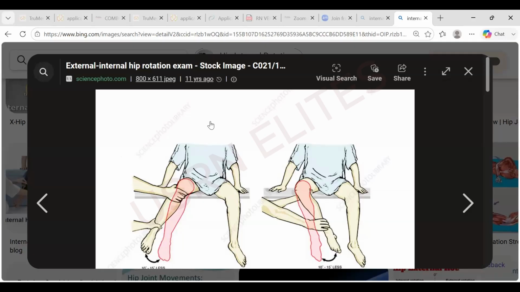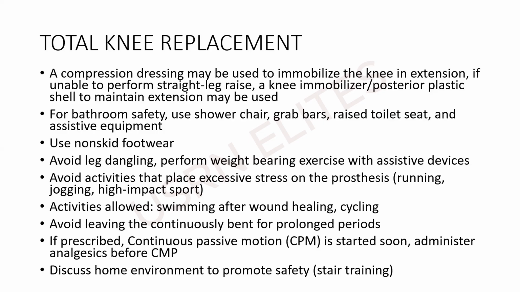All right. So it means that with hip fracture, depending on the rotation, internal rotation is going to lead to what? Posterior dislocation. If you have external rotation, you are going to have what? Anterior dislocation.